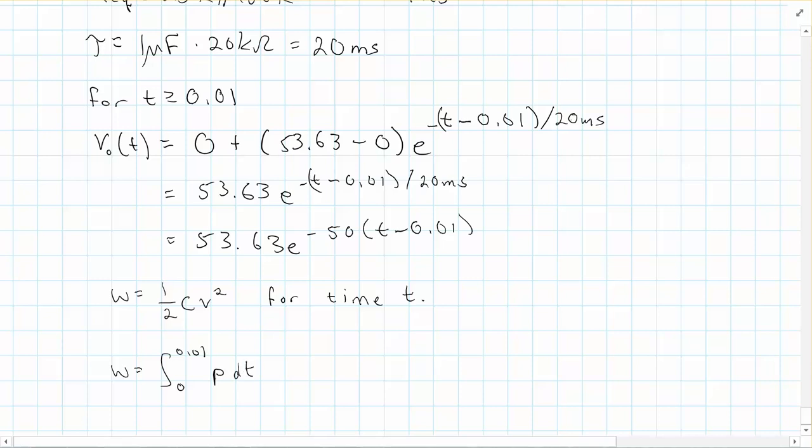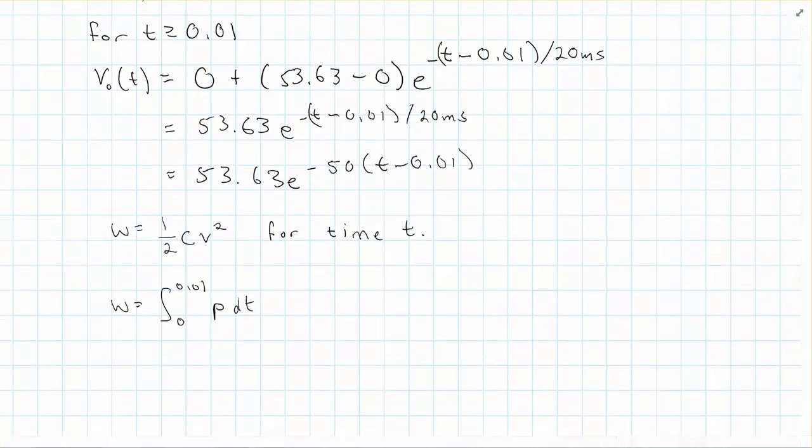So you'd have to figure out what the power is by finding the current, things like that. And then you'd have to integrate that from 0 to 0.01, which basically I just don't want to take the time to do. So we're going to ignore actually doing that. And so that would be the end of this problem here.